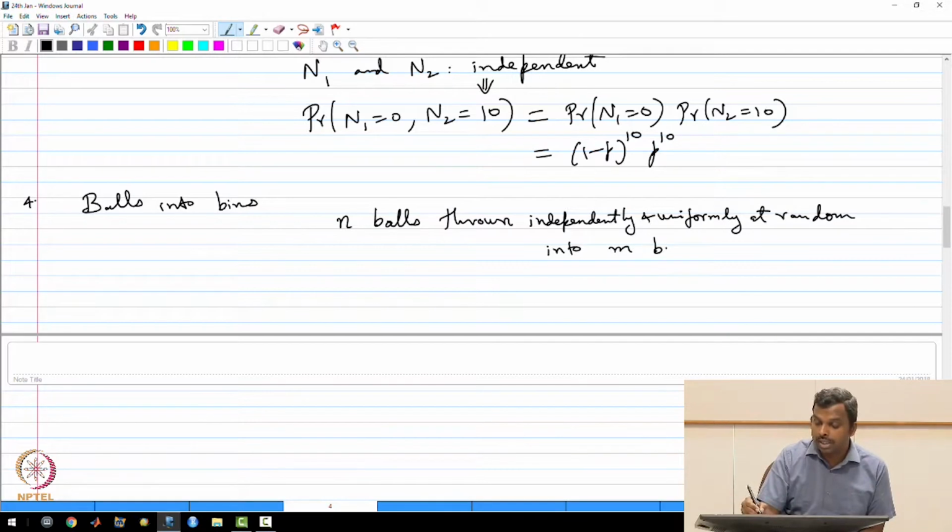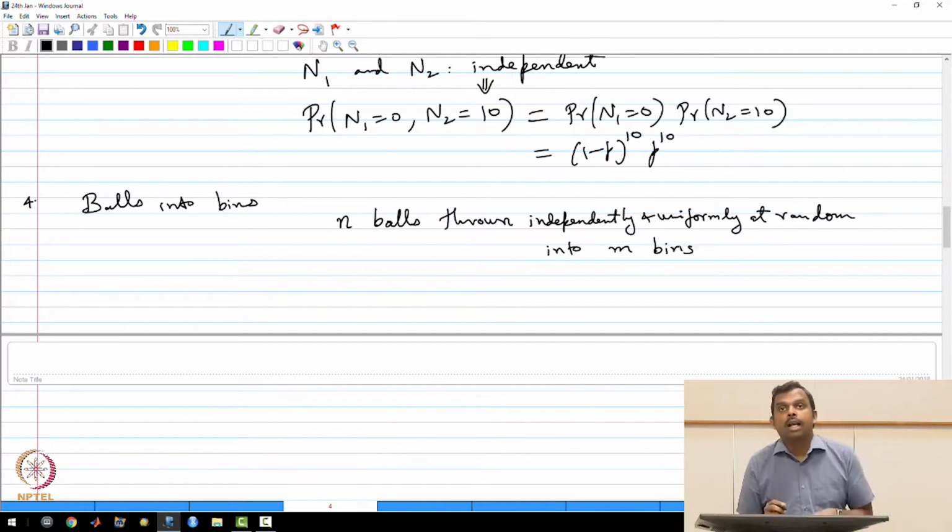This is the experiment we've been considering a lot. And remember, what you do with each ball is uniform. The ball can go into any bin, and it's also independent of what you did with the previous ball or the next ball. So there's no connection between these things. That's very important. So one can think of this as an IID repetition.